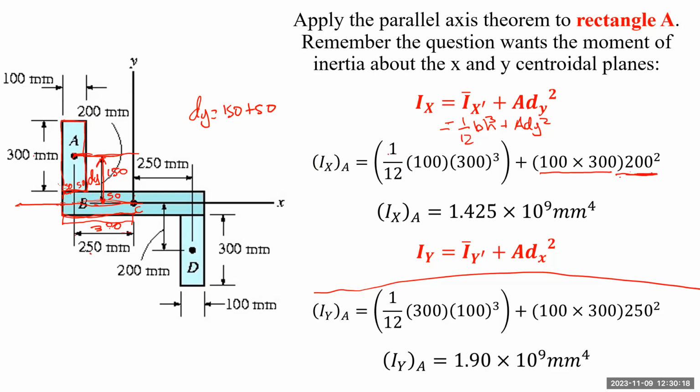Therefore, when you work out this section, you will get 1.425 times 10 to the 9 millimeters to the fourth. You're going to get a large figure. In fact, I think what was happening here is that this section needs to be worked out separately, but you had both of them.